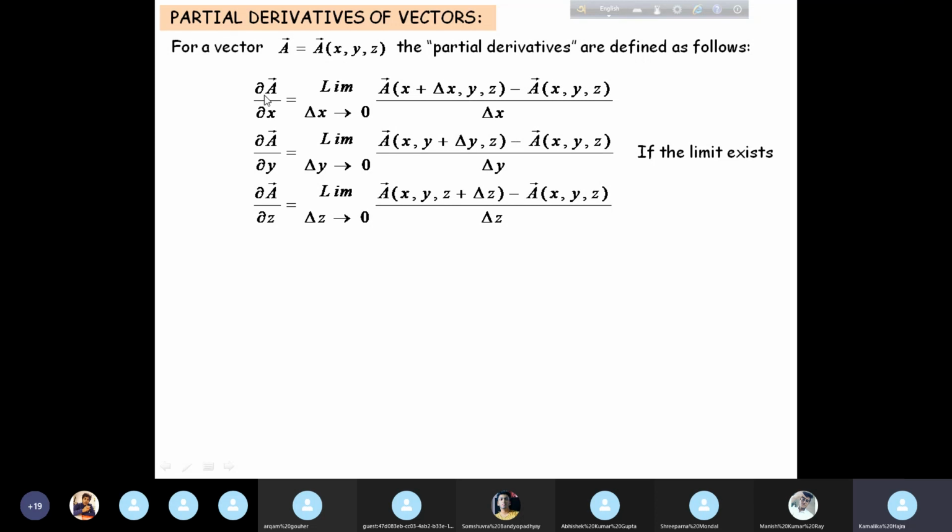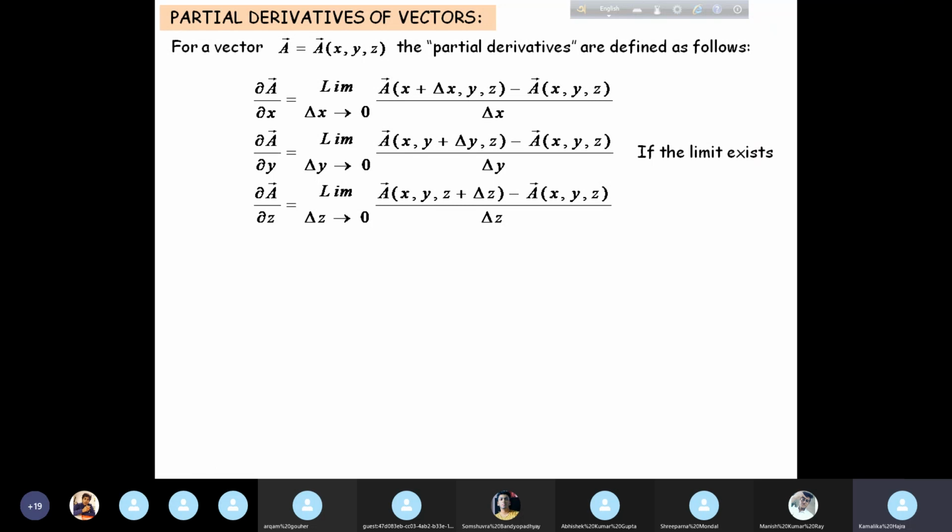When we take the partial derivative of A with respect to x, we differentiate A only with respect to x and treat y and z like constants. When we differentiate with respect to y, we treat x and z like constants. When we take the derivative with respect to z, we treat x and y as constants.